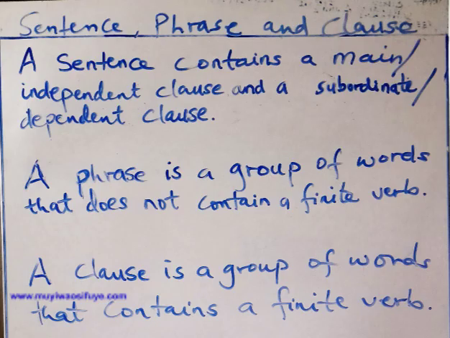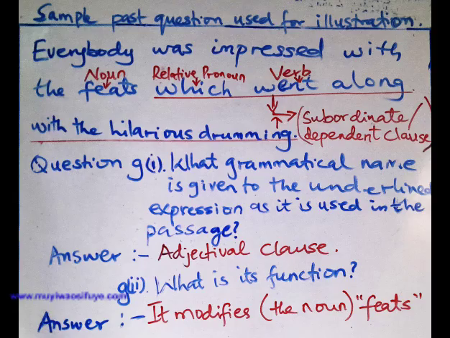Now, when you see a question like this, the first thing you have to do is to find out if the expression begins with a relative pronoun. And if it does, like we have in the question above, which is the relative pronoun, your answer will be an adjectival clause.